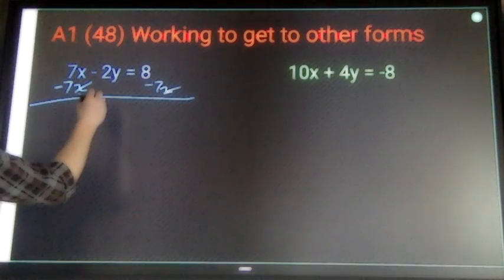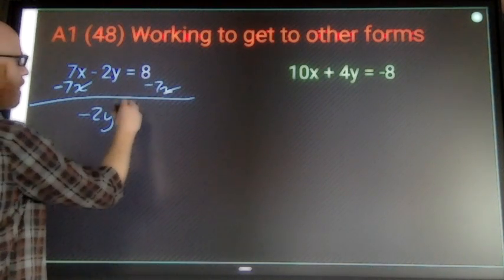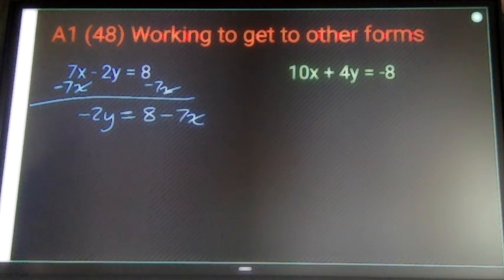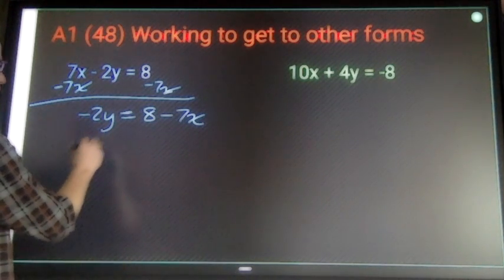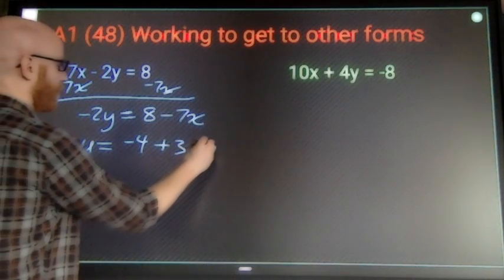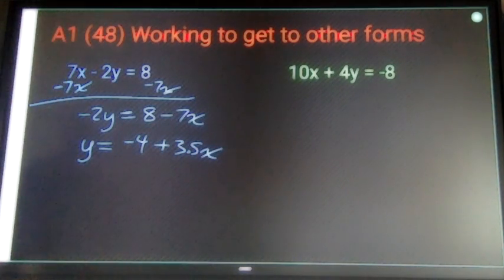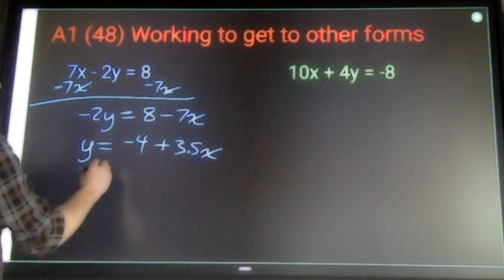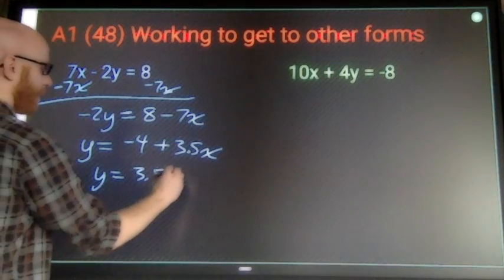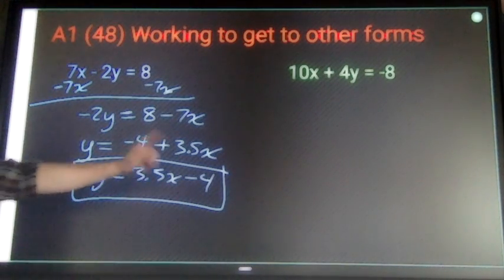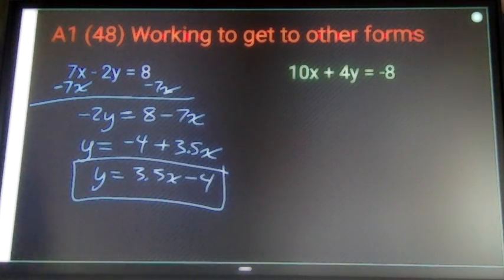And we'll have negative 2y equals 8 minus 7x. Then divided by negative 2, we'll have y equals negative 4 plus 3.5x. Okay, and if I really want to have it in slope-intercept form, I gotta reverse these so the x term's in front. y equals 3.5x minus 4. All right, slope-intercept form. The y-intercept is negative 4. The slope is 3.5.